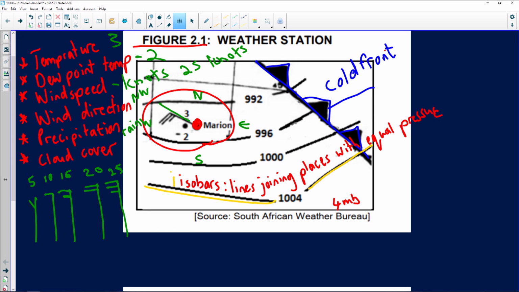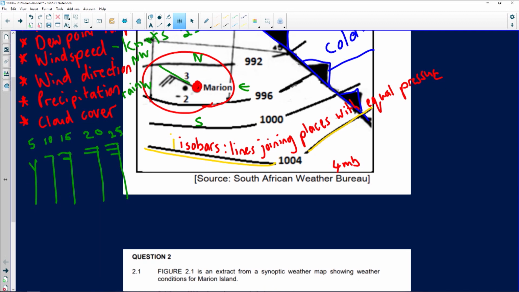That represents the cloud cover, and we express cloud cover in octaves. Now, I'm going to try my best to make beautifully round shaped circles. Now, first of all, we also use quarters. That's 1 octave. That's 2 octaves. That's 3 octaves. And then we have 4 octaves.